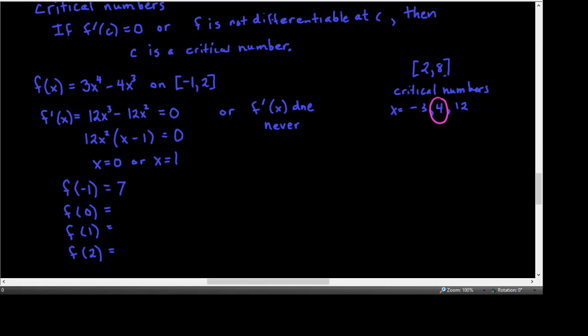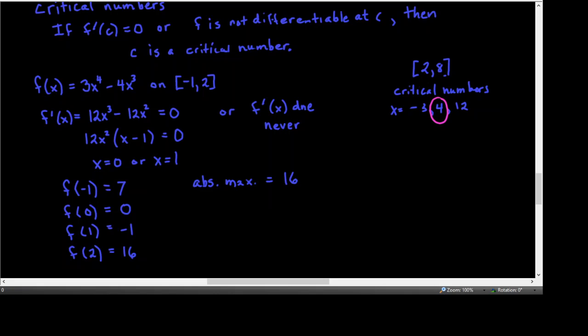Okay, you should have found that f of 0 is 0, f of 1 is negative 1, and f of 2 is 16. So the absolute max is equal to what? What's the largest number you found? Well, it's 16, and that happens to be at the endpoint.